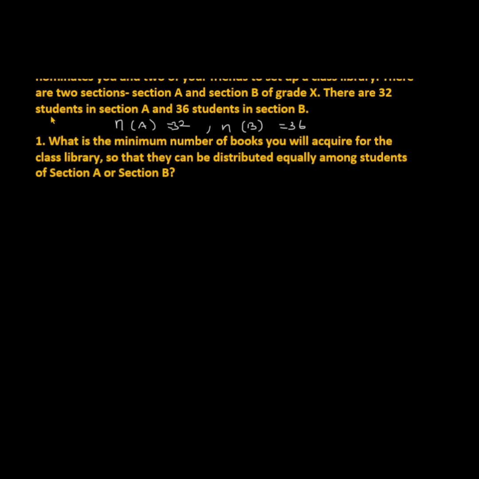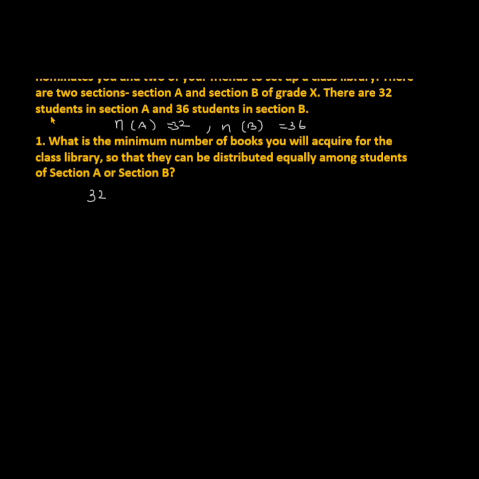Again it is a collection. So we have to find the LCM of 32 and 36, because if we find the HCF, we will only get a common divisor. With that number, how can you distribute a book to all the students? Minimum number means we have to find the common multiple of 32 and 36.